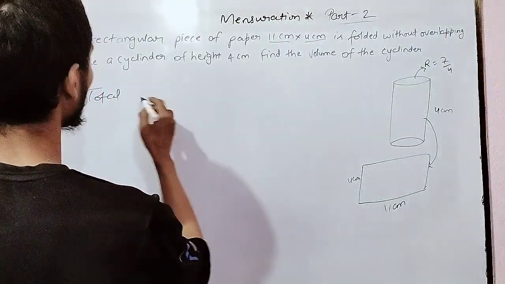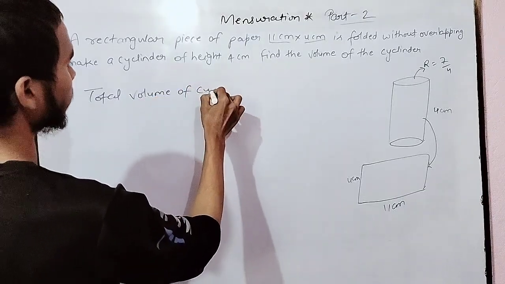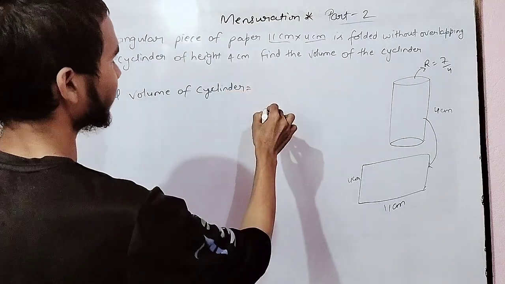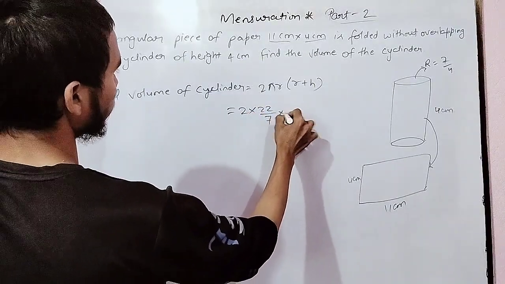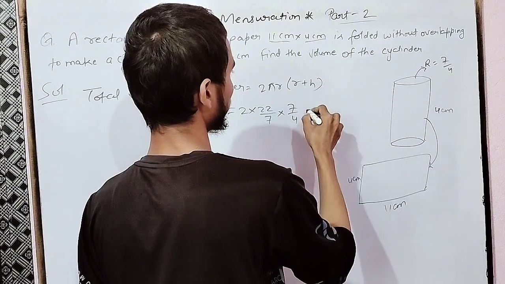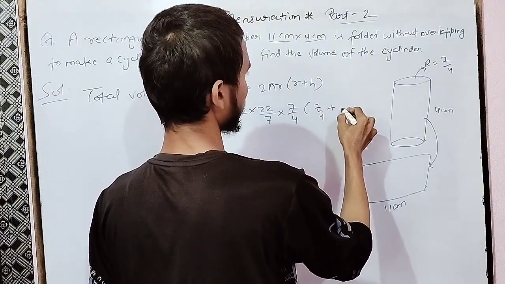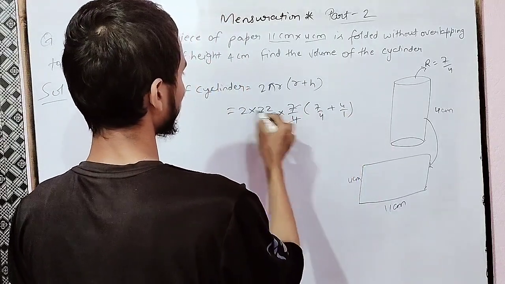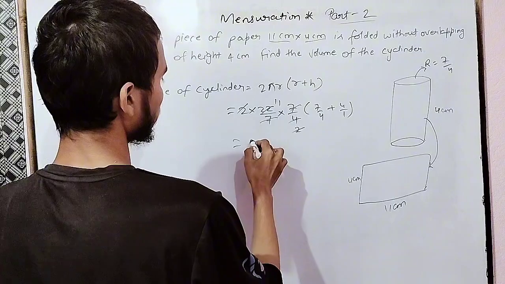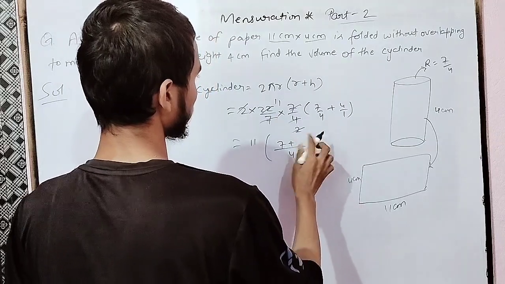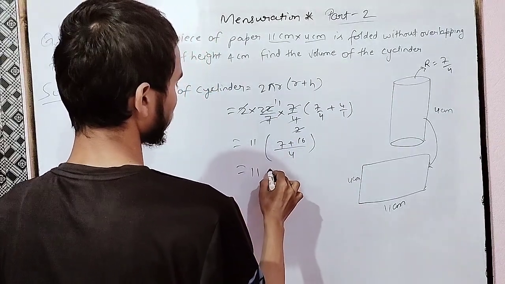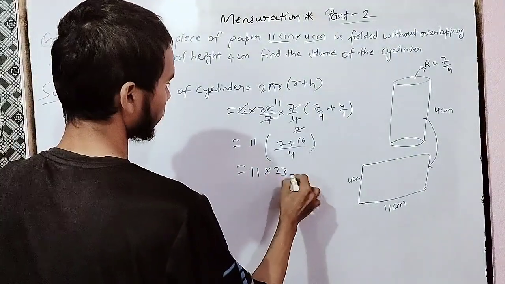Total volume of a cylinder is how much? 2 pi r into r plus h. 2 multiple 22 upon 7, r is 7 upon 4, plus h is 4. 7 plus 16 is 23 upon 4.